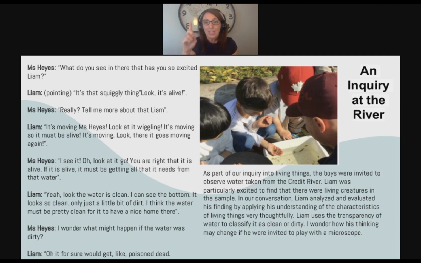Okay, so the image, there needs to be the voice of the child. In this case, the voice of the child is found in the transcription, okay, in the dialogue. But the voice of the child could be seen in a drawing. It could be seen in an image of a structure, right? It's really the work of the child that we're going to see here. And in this case, the work of the child came from the oral language piece, okay? And then there needs to be an analysis by the teacher, right?